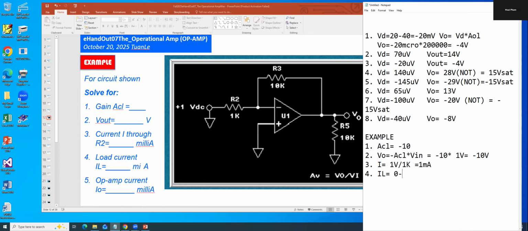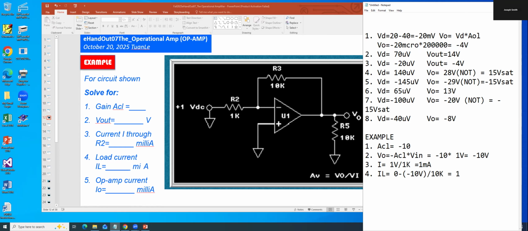Equals 0 minus, divided by, one milliamp, right?